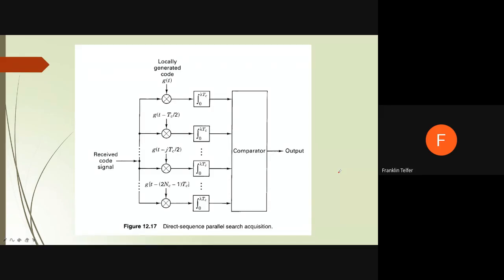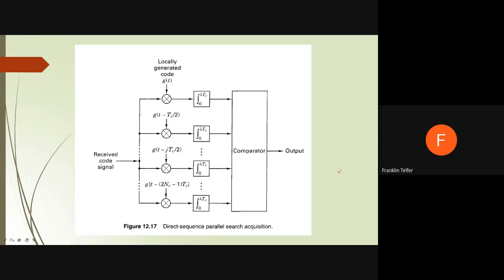Each correlator simultaneously examines a sequence of lambda chips. These are lambda correlators, so this will examine all the sequence g(t) with the chip duration Tc by 2, and give the sequence of lambda chips, some number of chips.